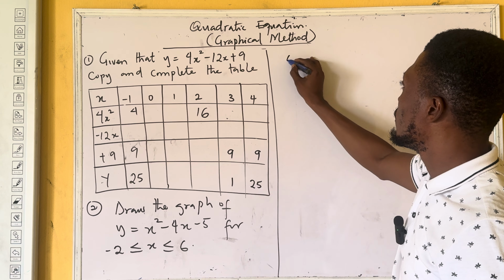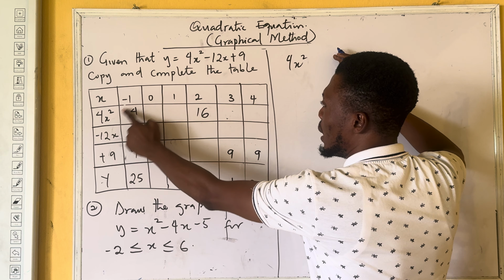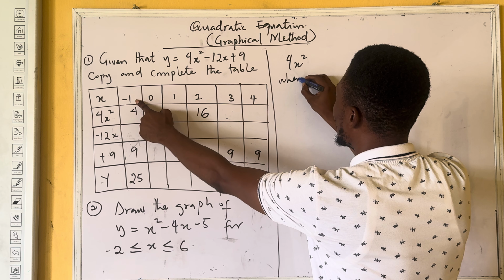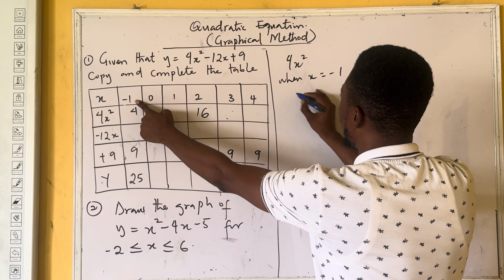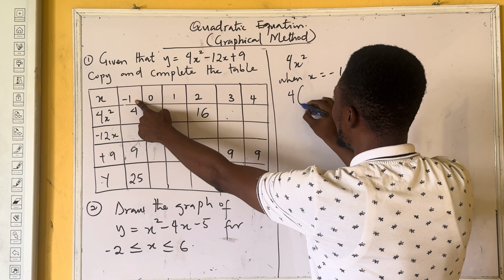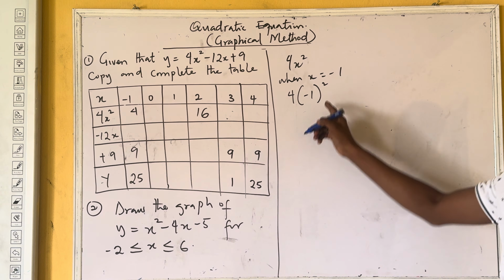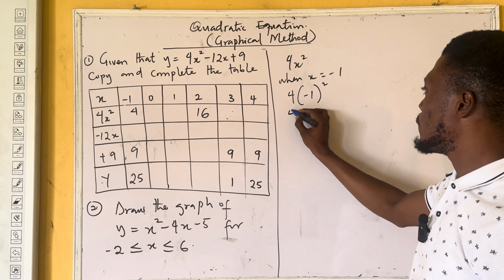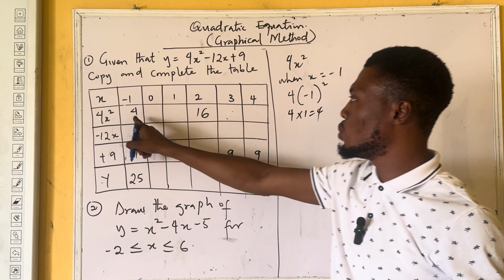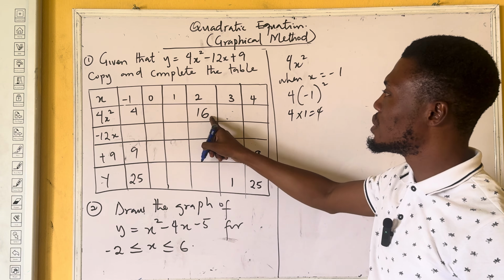How? When x is equal to minus 1, 4 times minus 1 squared. Minus 1 squared is 1. 4 times 1 is 4. How did you get 16 here?